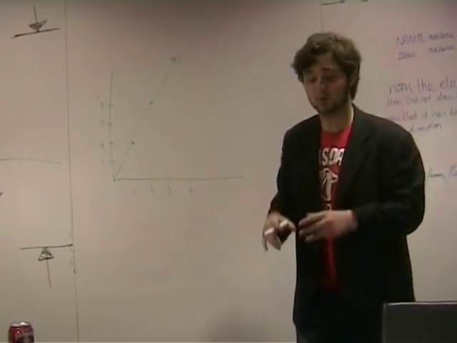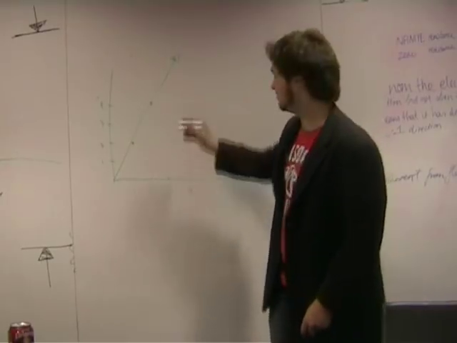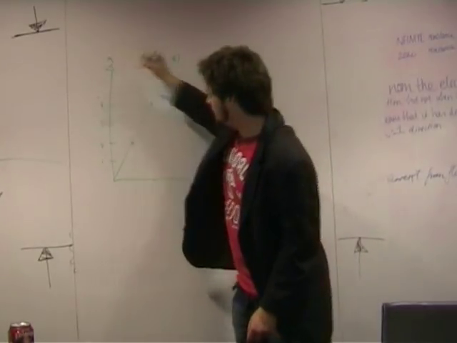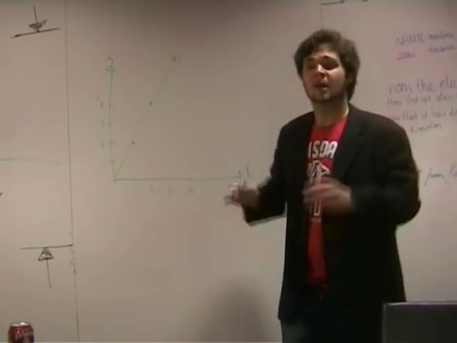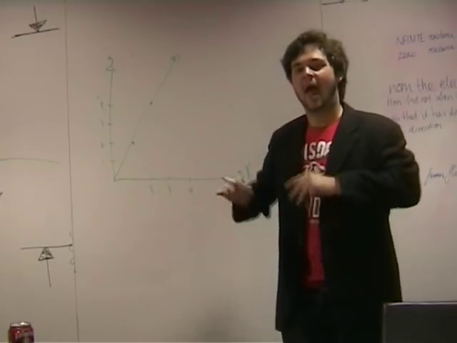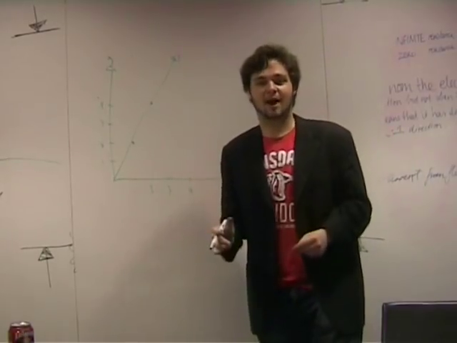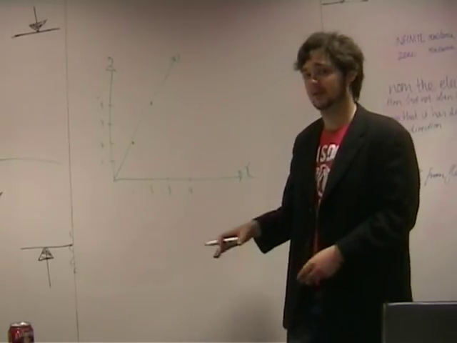And in your book your teacher asks you, what is the gradient of this graph? The gradient is the slope. It's how steep the graph is, or how shallow the graph is.